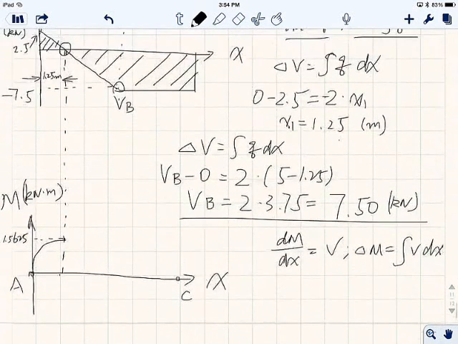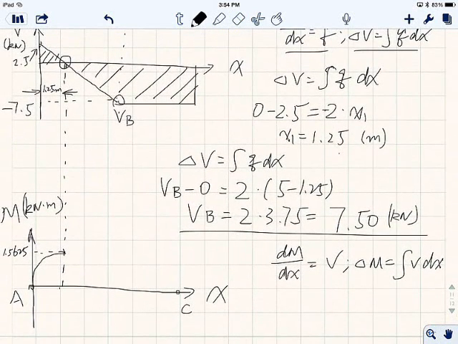Okay, so next, again, we want to know where it is going. In terms of where it is going, we use this equation, dM over dx equals V. Initially the slope is 0 because V is 0. Then it becomes a negative number, and higher and higher. That tells you initially it's going to decrease a little, then decrease more and more and more.